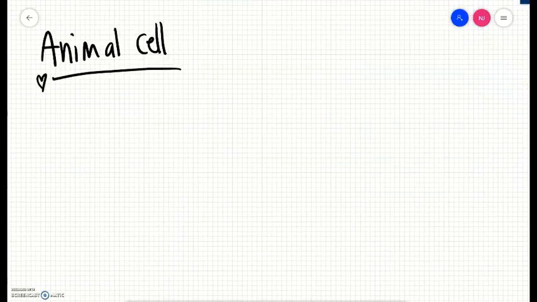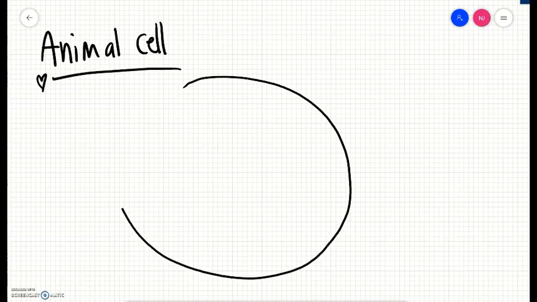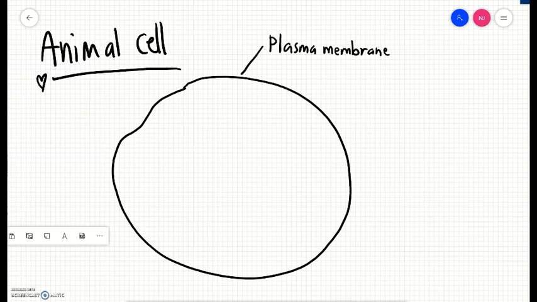Okay, now we start with the first component, which is the plasma membrane. This plasma membrane is an outer membrane that surrounds the cell, and it is made up of protein and phospholipid.